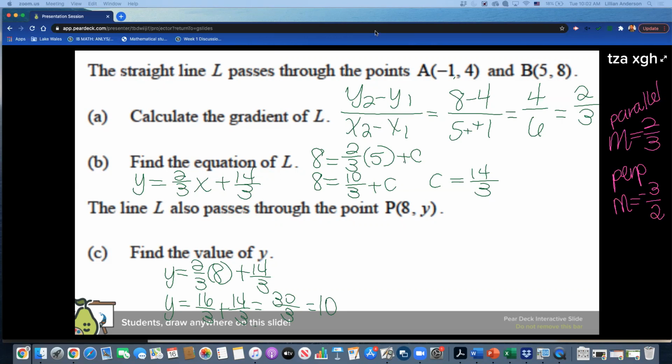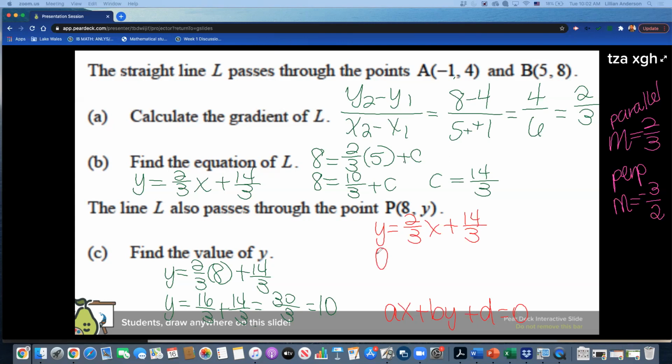Going to use this opportunity, since this is going to be the last problem that we do. If it asks us to write this equation in standard form, which is ax plus by plus d equals 0, how would I take my equation that's in gradient intercept form to standard form?